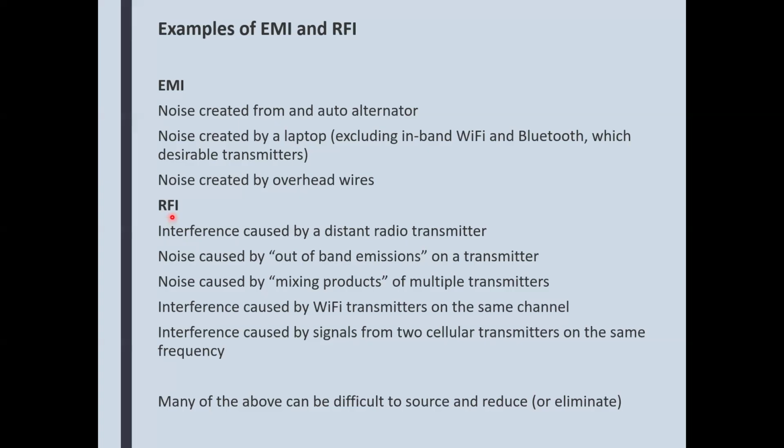RFI, radio frequency interference. Interference caused by a distant radio transmitter. Noise caused by out-of-band emissions on the transmitter. Noise caused by mixing products of multiple transmitters. And that's why there are some rules and regulations on how far transmitters should be from each other, as far as the frequency bands that they utilize, and the rules and regulations also have to do with the power they can transmit and the bands they can transmit.